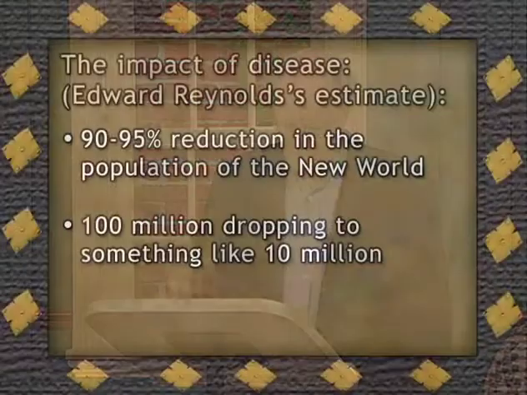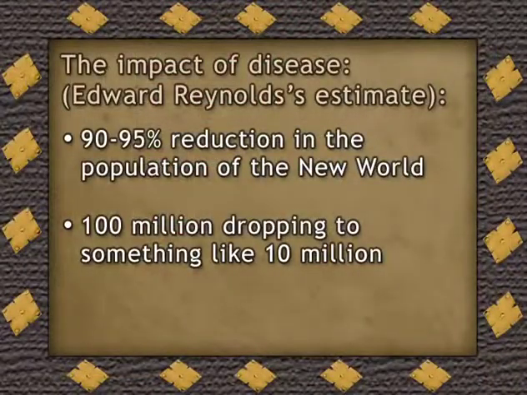Just to give you some examples here, this is drawn from Edward Reynolds' books, but he uses figures of 90 to 95% reduction in the population of the New World. In total, in the Americas, he offers an estimate of 100 million dropping to something like 10 million, again, in essentially a little more than the century after Columbus.